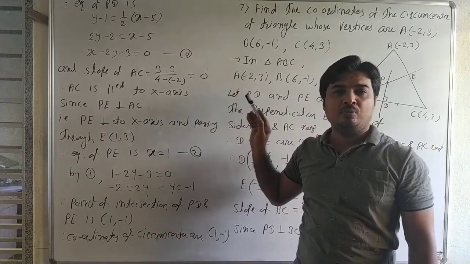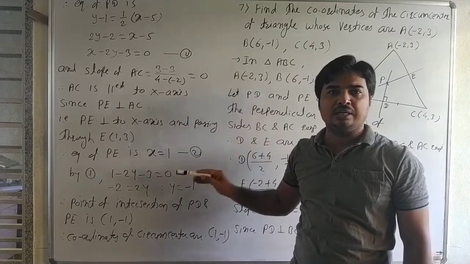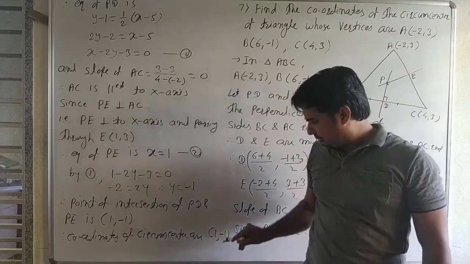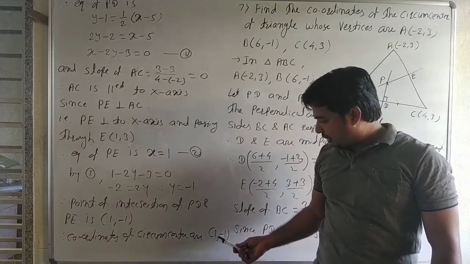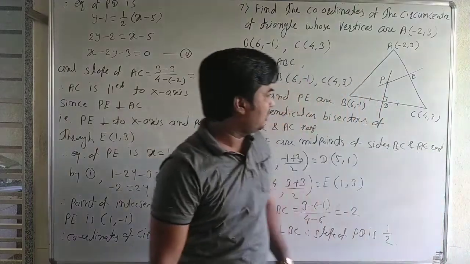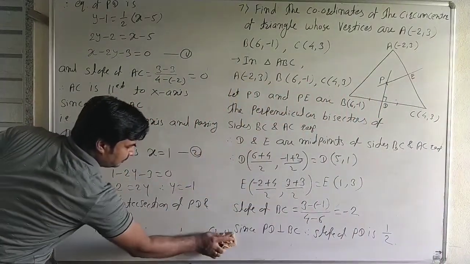The point of intersection of perpendicular bisectors of a triangle is the circumcenter. Therefore the coordinates of the circumcenter are (1, minus 1). See carefully. Now see the next example.